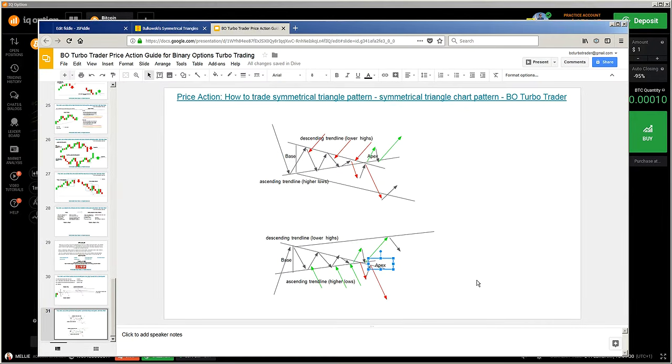Obviously it also depends on the declination of this descending and ascending trend line, but this I will discuss in the videos about ascending and descending triangles. This symmetrical triangle is also a triangle, but this was this part. I will then make a copy of this and continue this video.